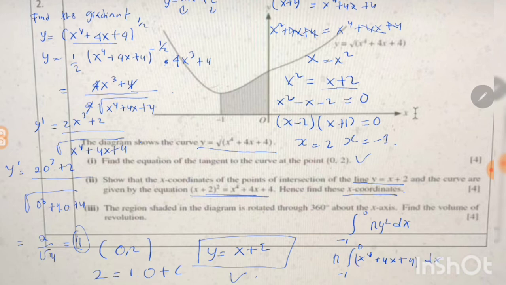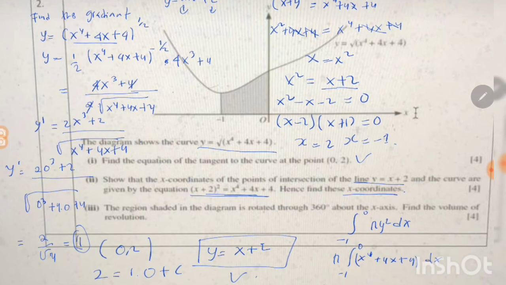And then to find that one, so you have π times the integral, put it here, right? So this one equals π times 1 over 5. By using this one with the interval of that one, you can use the integral function in your calculator. So you have 11 over 5.